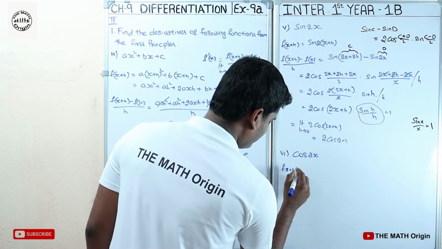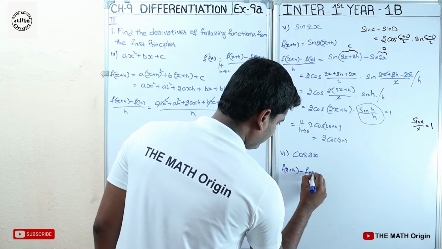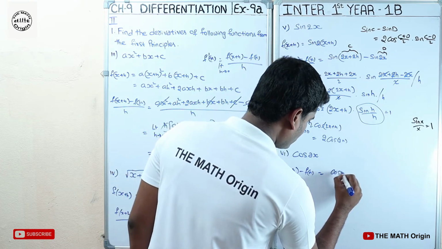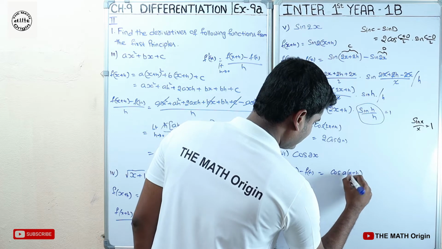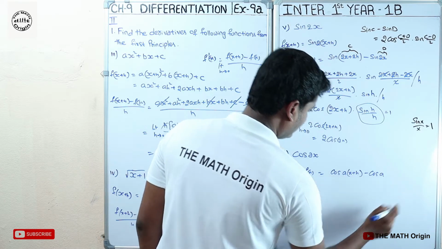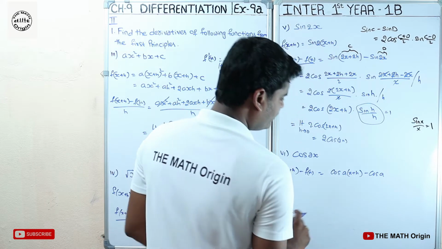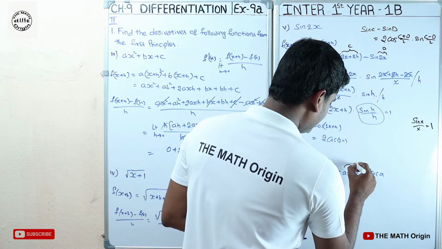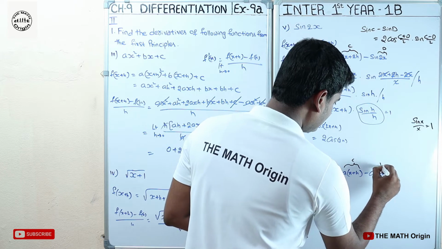So first, f of x plus h minus f of x is equal to cos a into (x plus h) minus cos ax. Now if you see here, we have cos c, this complete thing let's take as c, and this is cos d.